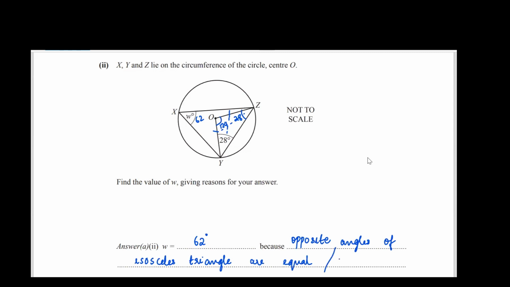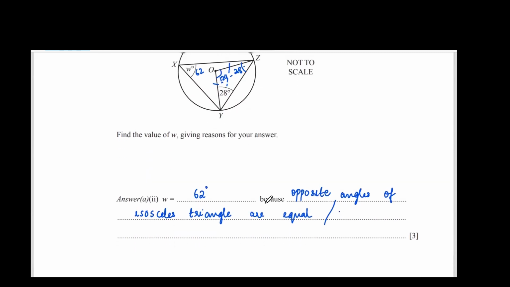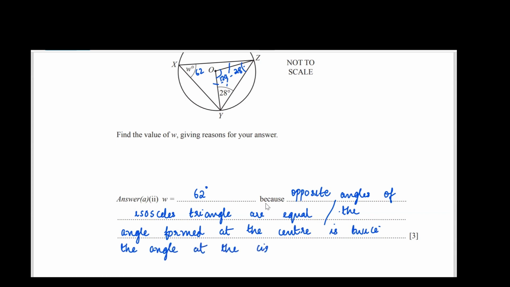Or else you can write the other theorem as well: the angle formed at the center is twice the angle formed at the circumference. Or you can say the angle formed at the circumference is half of the angle formed at the center.